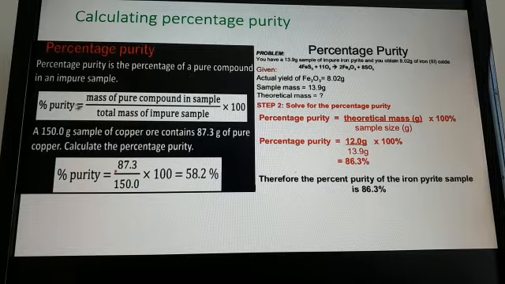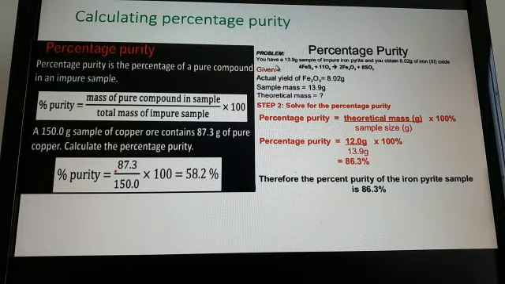The equation is mass of pure compound in sample divided by total mass of the impure sample, multiplied by 100. Here it says a 150 gram sample of copper ore contains 87.3 gram of pure copper. Calculate the percentage purity. This is the pure mass divided by the mass of the copper ore, the impure sample. Multiply by 100, you will get 58.2%.